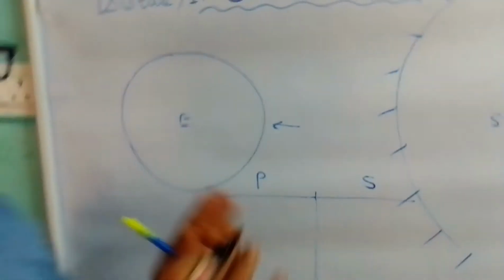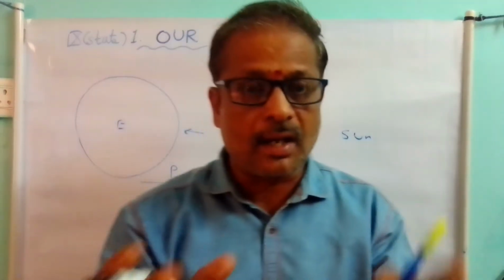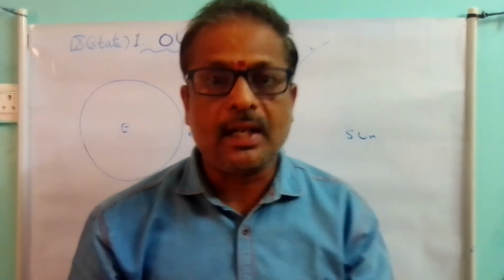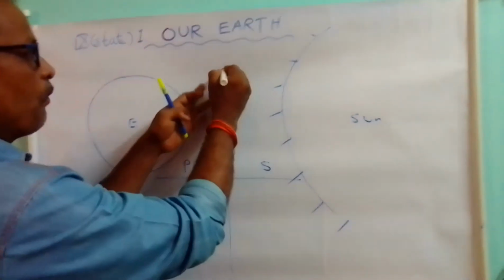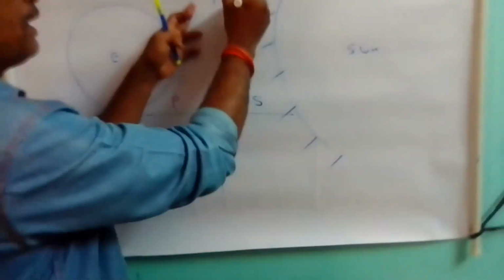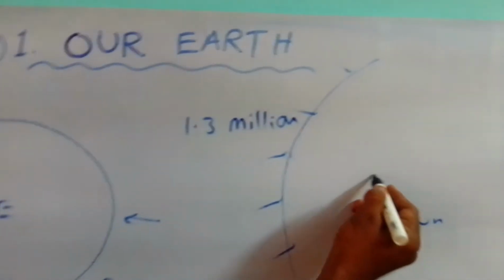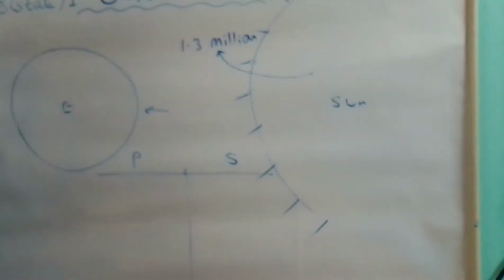Both are heavenly bodies, but compared to the size of the Earth, the Sun is nearly 1.3 million times bigger than the Earth.